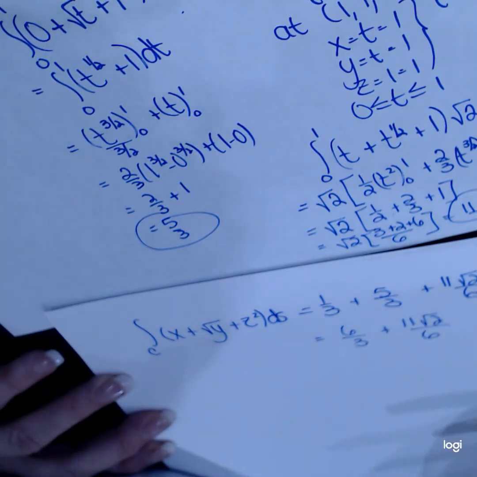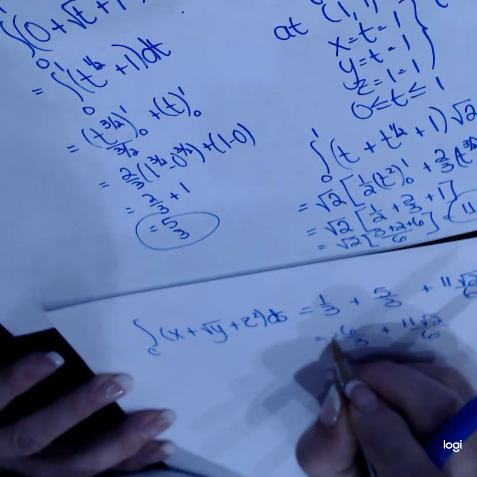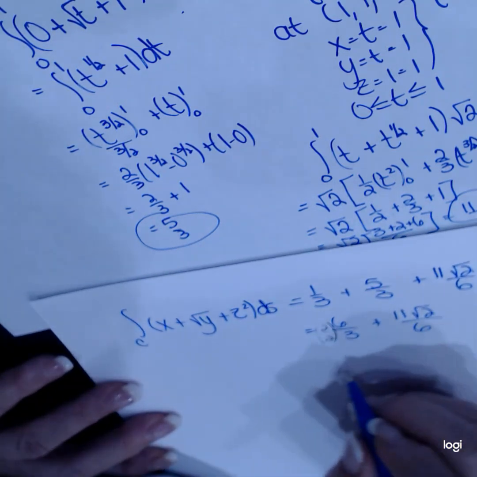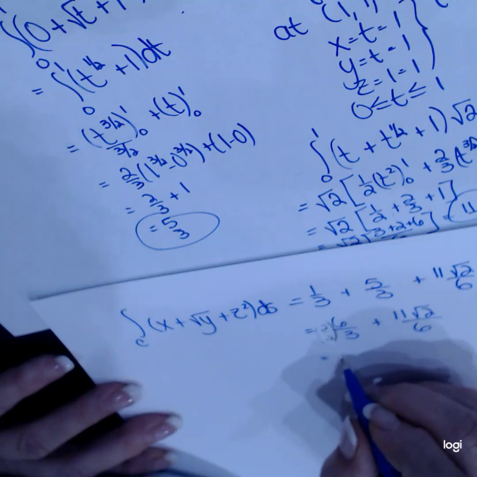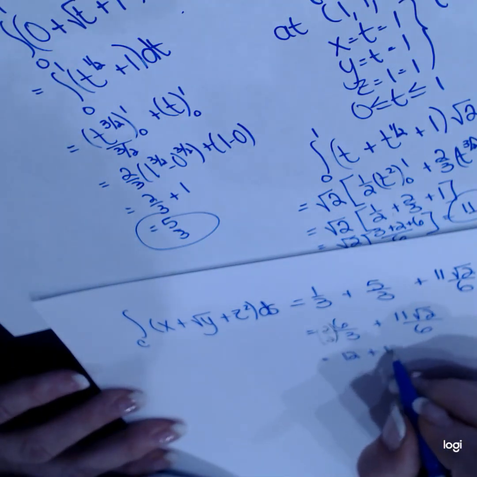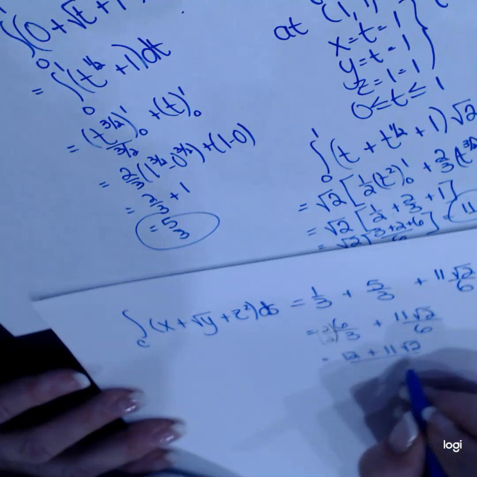And actually, I may want to make this a single fraction by just multiplying this by 2 over 2. And when I do that, it looks like I get 12 plus 11 square root of 2 over 6.